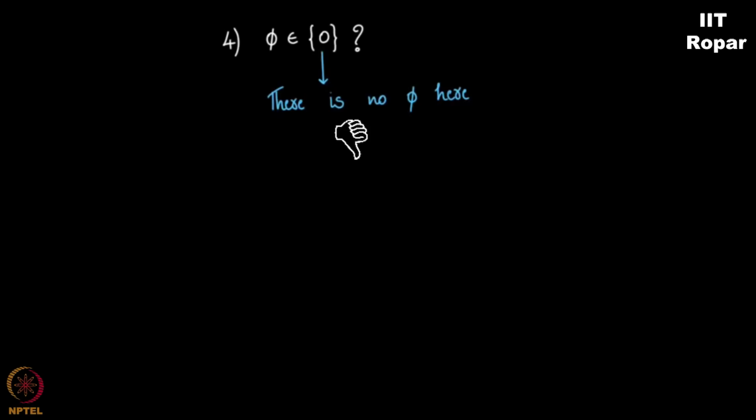No, by definition, we don't consider an empty set to belong to a set. In fact, an empty set is a subset of any set. Correct? Why is that? A set containing no elements is obviously a subset of any set that you can think of, by definition of subsets. Correct? So the answer is false.